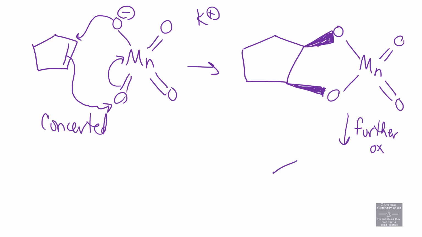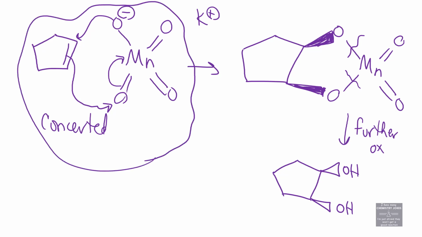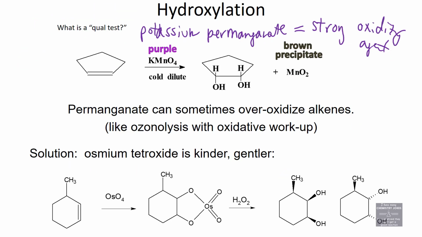Sometimes I say it's magic. What happens next is not something that we will discuss, but what happens next is the manganese goes away, becomes MnO2, and the O's split from the manganese and become OHs. We won't worry about how, but the take-home message is syn addition because this first step is concerted.